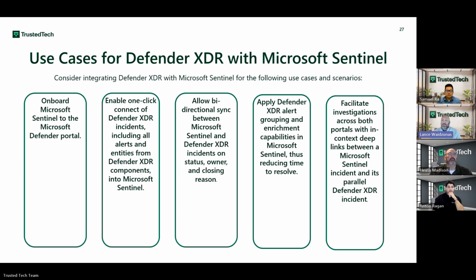It's a very simple system once you get your hands around how easy it is to configure, but it's extremely powerful. I always say it's one of those low floor, high ceiling systems where it's easy to get into, but the amount of stuff you can do in Sentinel with Defender XDR is really impressive. We would be really happy to help you walk through all those different things that you can do with it.